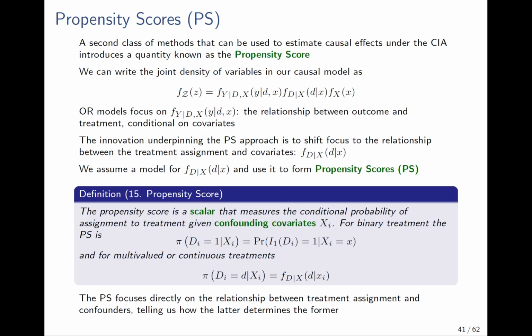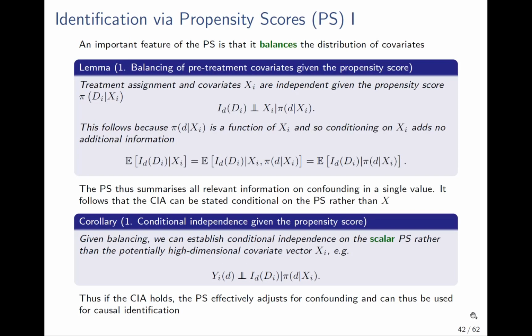Now the question is, why is that useful? Well, an important feature of the propensity score is that it balances the distribution of covariates, and that property is described in this box here. The treatment assignment and the covariates are independent given the propensity score, expressed here.